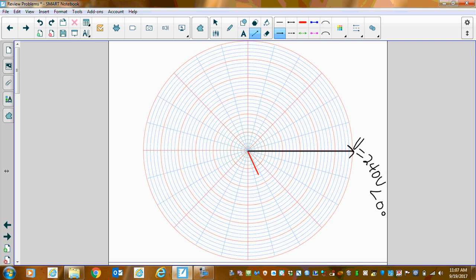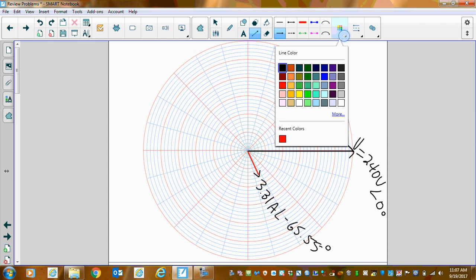And, well, let's just draw in an arrow here. So this is 3.31 amps at angle negative 65.55 degrees. Now our current due to resistance is a little bit longer, and so once again we'll use red.